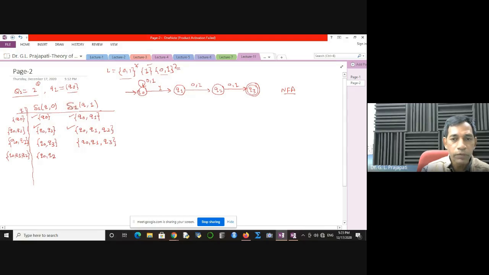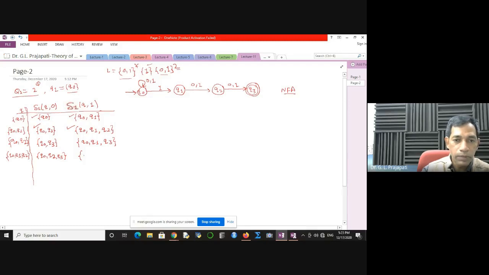From Q2, input 0, it goes to Q3. This means your DFA from this state, for the input 0, goes to this state. Now you can define the transition for the case of 1.